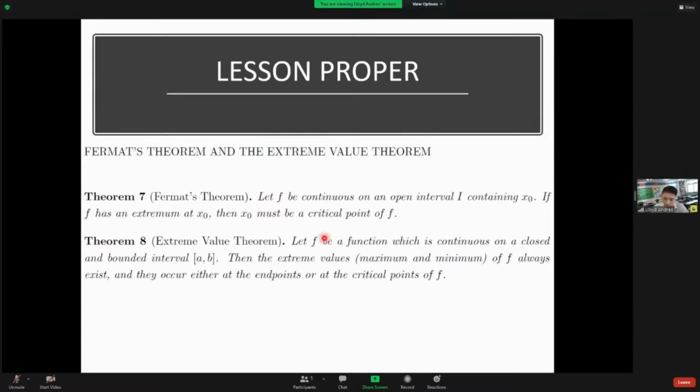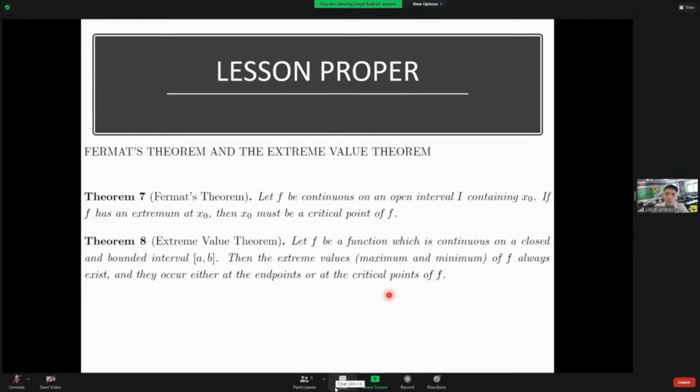Then, unsay pasabot ani? Ang pasabot lang sa extreme value theorem na kung ang function is continuous on a closed and bounded interval, ang extreme values naga-exist. Meaning, kung continuous siya, naagi siya extreme values, naagi siya maximum, naapod siya minimum.